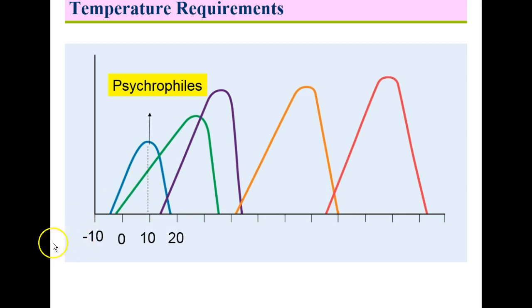Remember that in degrees centigrade, water freezes at 0 degrees centigrade, and room temperature is around 25 degrees centigrade. So these organisms need colder temperatures, with an optimum temperature at around 10 degrees centigrade.